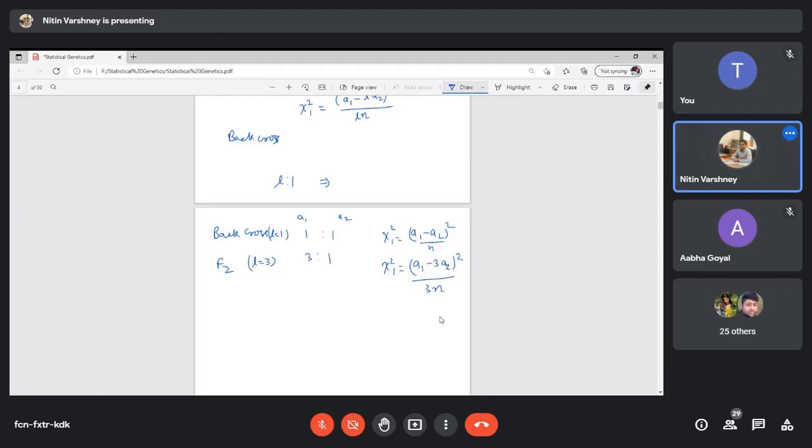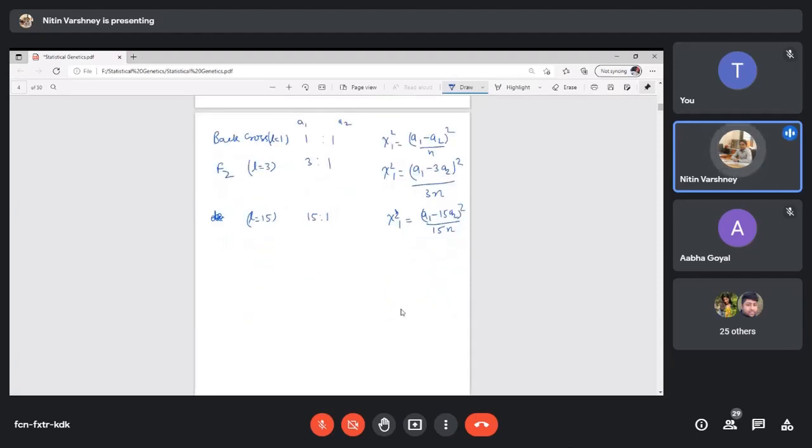Now, if the ratio is 15 is to 1, different conditions are there, they will mention the condition and give the ratio. So L is 15, and this chi-square will be A1 minus 15 A2, whole square, divided by 15N.